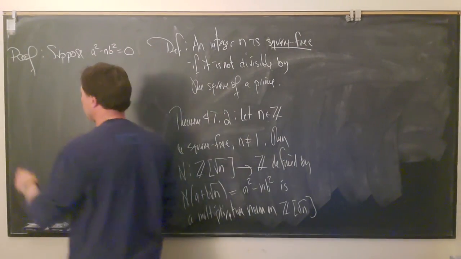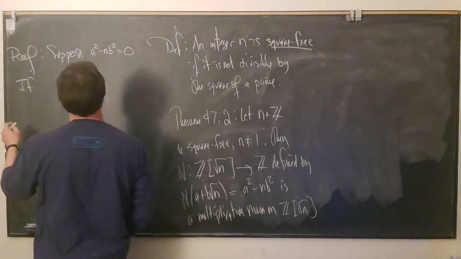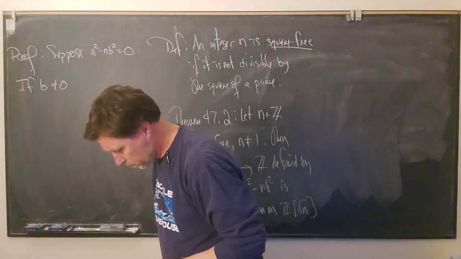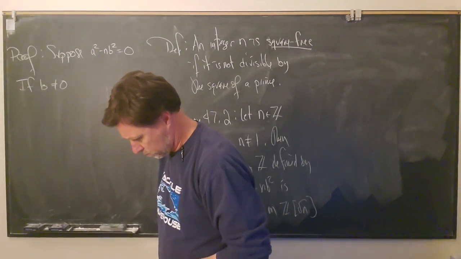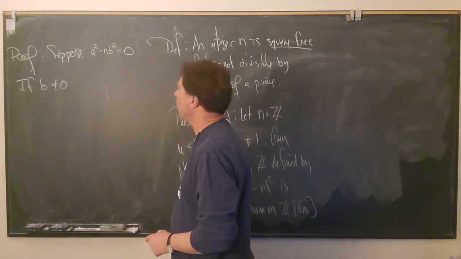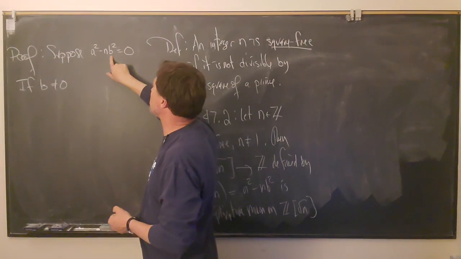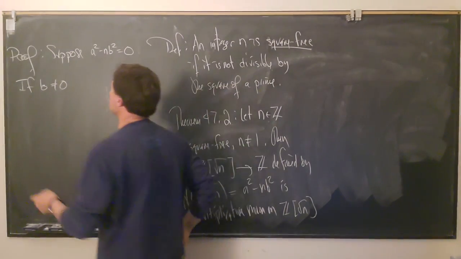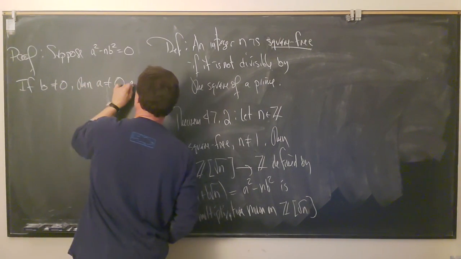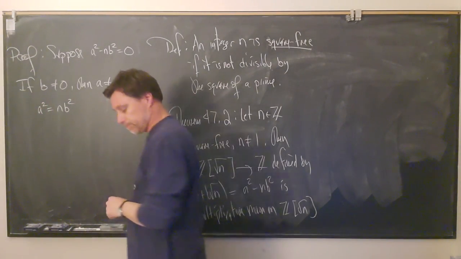Now, suppose b is not equal to 0. Then, of course, a can't be 0 either. So if b is not equal to 0, then a is not equal to 0, and what we have is a squared equals n times b squared.